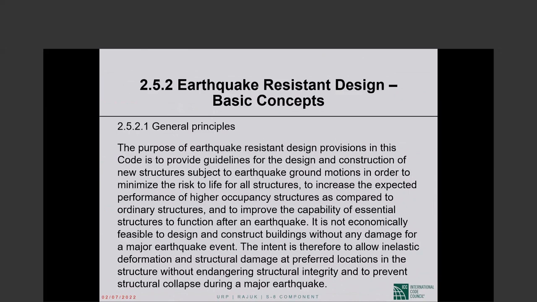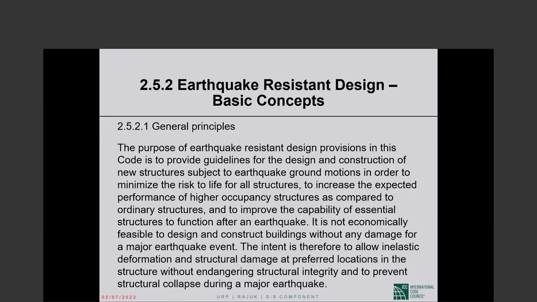Now, BNBC, like most codes, gives you general principles and some advice of what is good for an earthquake-resistant structure. This we typically don't do with our codes. As years have gone by, we have become more and more rigid about the code containing only enforceable requirements.